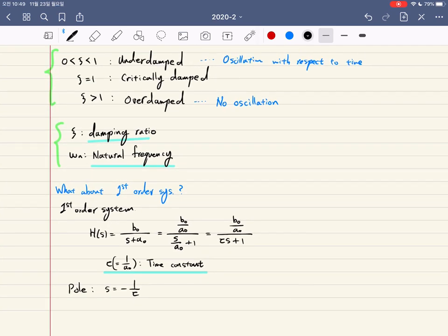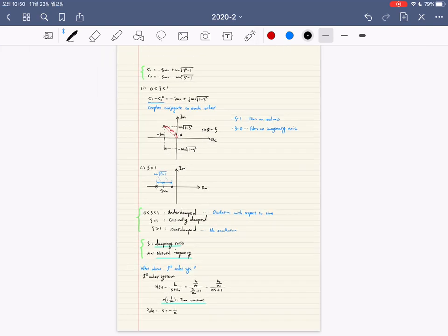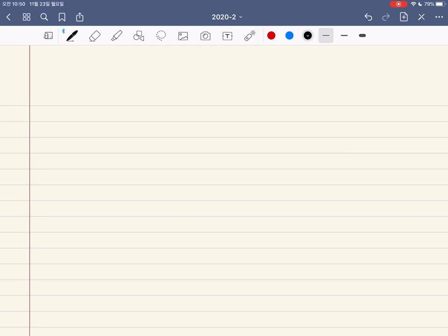And this time constant, in time domain, so now we are in time domain, and if this first order system is stable, then it will decrease like this.